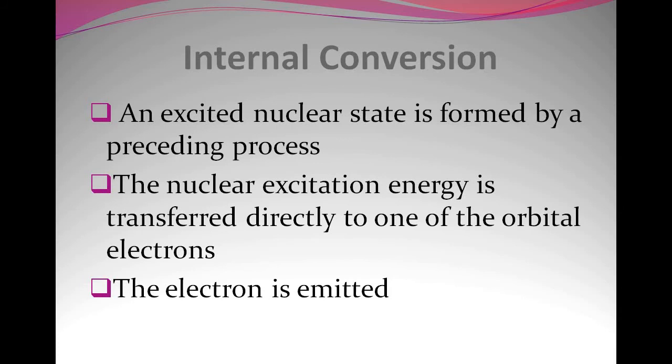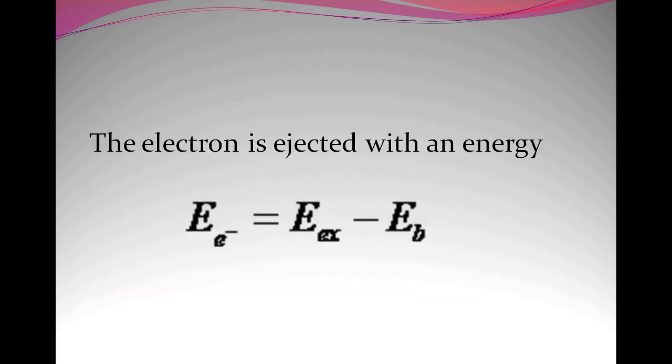So thus you are getting an electron, a source of electron, and this is known as internal conversion. That means your energy is internally converted, or internally given to the electron, and it is ejected. That energy is not coming outside the atom. That is why it is known by the term internal conversion.